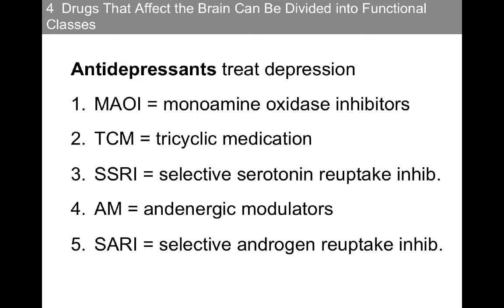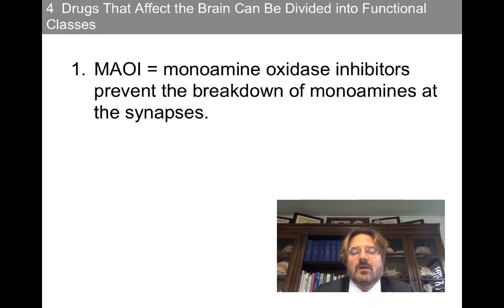Tricyclics are abbreviated TCAs. They were the second major class. And then SSRIs, selective serotonin reuptake inhibitors. We have two newer classes, the adrenergic modulators and the selective androgen reuptake inhibitors. First, we're going to talk about the earliest of the antidepressants, the MAOIs, the monoamine oxidase inhibitors.